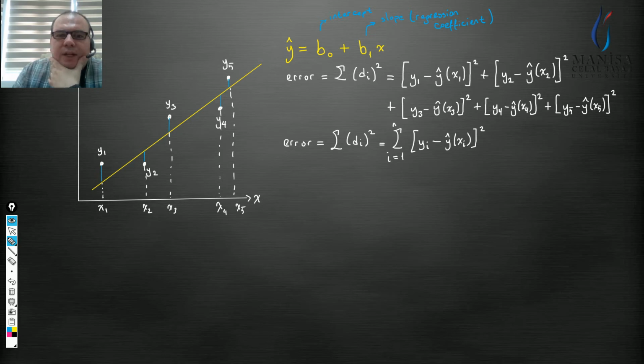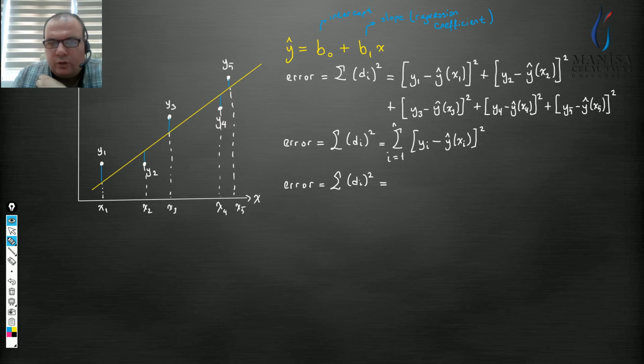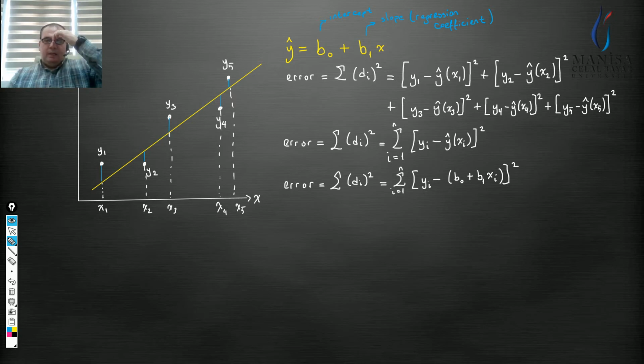Now I can use the equation for y hat of xi, so my total error equals the sum of the squares of residuals, sum from i equals 1 to n, of yi minus (b0 plus b1 xi) squared.